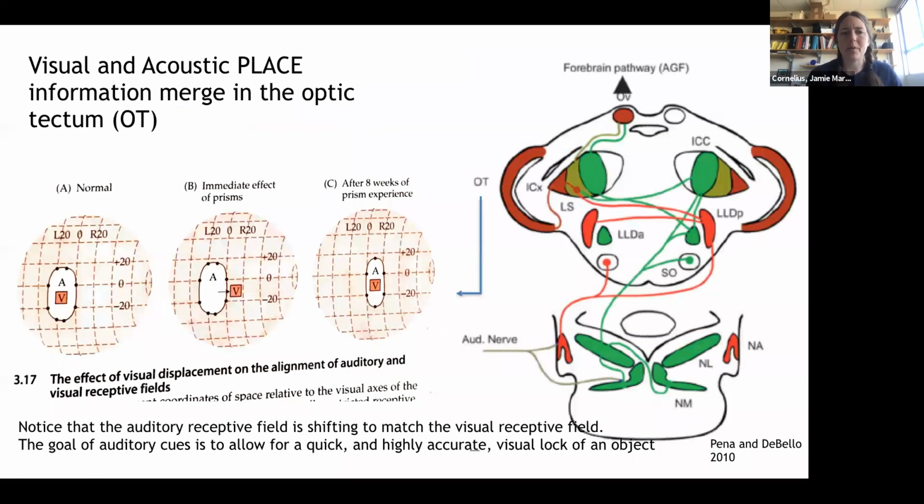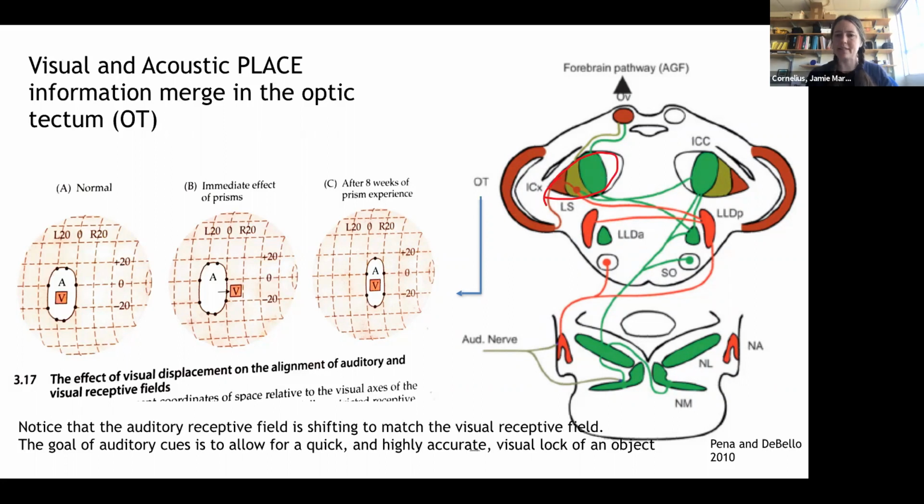Visual and acoustic place information merge in the optic tectum, which I mentioned before. Here's that drawing on the right, where you have the two pathways for interaural level differences and interaural timing differences that merge in the inferior colliculus. That's this structure here. The ICX, one particular part of the inferior colliculus, is where you get really strong place, elevation, and azimuth responsivity.